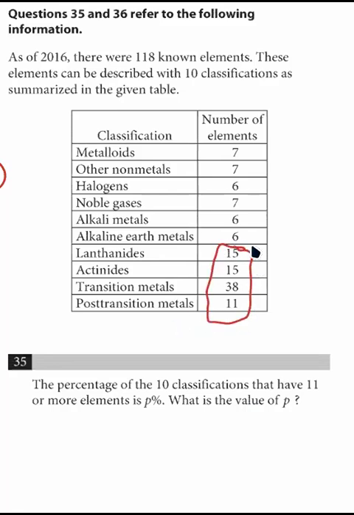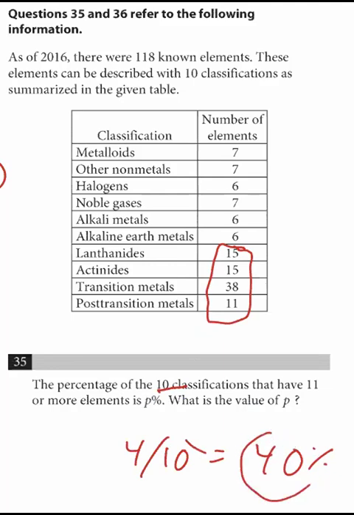These 4 have 11 or more elements, and we're told there's 10 in total, so 4 out of 10, 40%. So what is the value of p? It's p%, so the answer is 40.